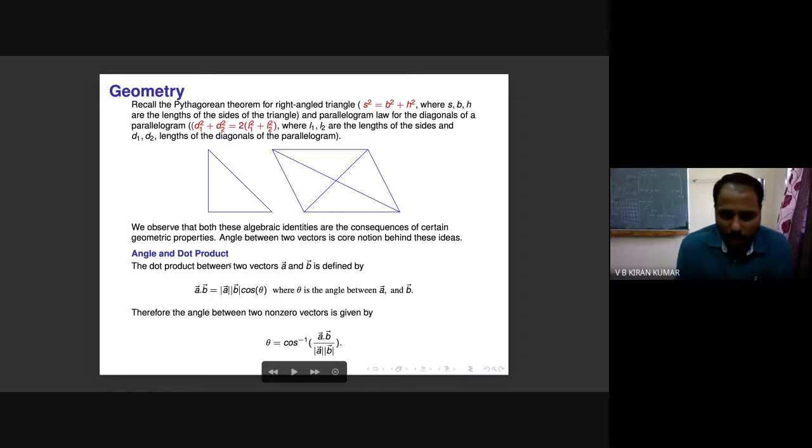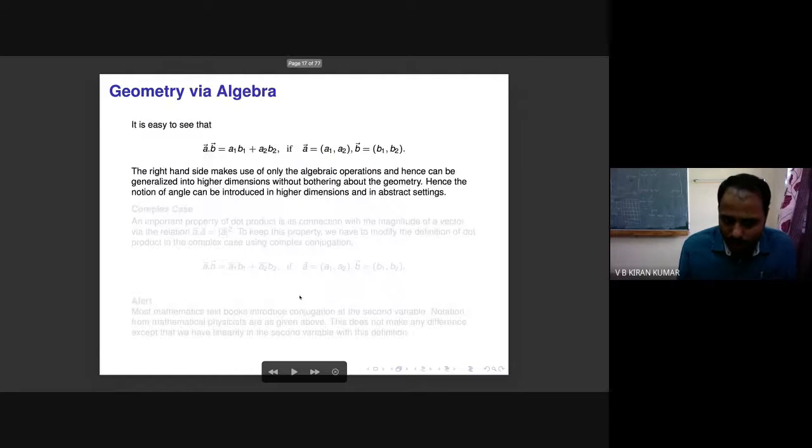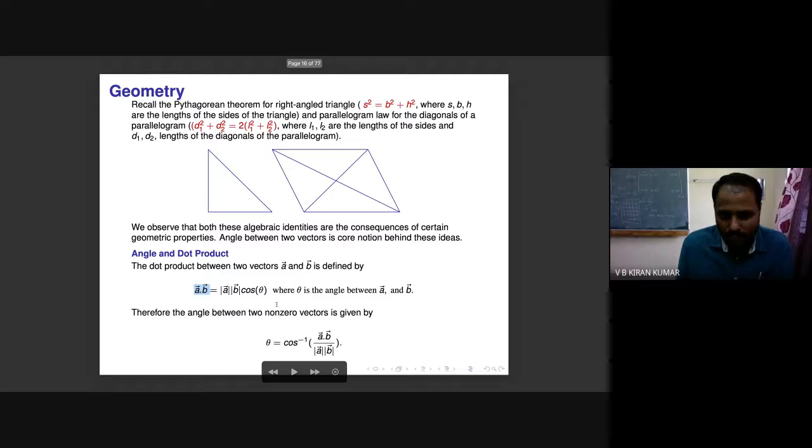You consider the dot product of two vectors, with the familiar definition for the dot product of A and B: AB cos theta, where theta is the angle between A and B. If you know the angle between two vectors, then you can compute the dot product between them. But you can do it the other way also. Suppose you know the dot product.